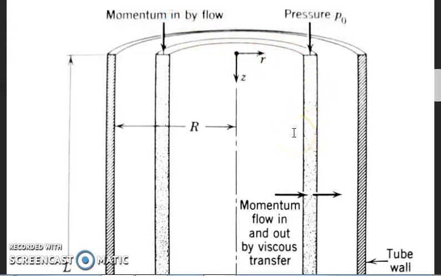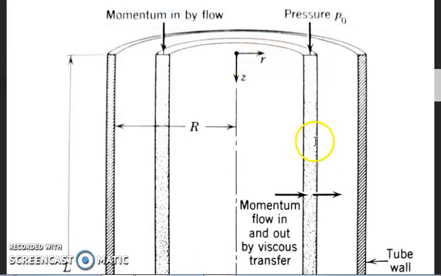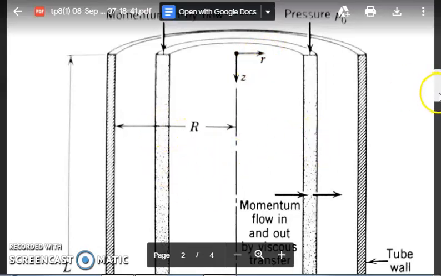So let us take the flow directions as this is Z and this is R. So we are selecting a shell of suitable size within the flow area.